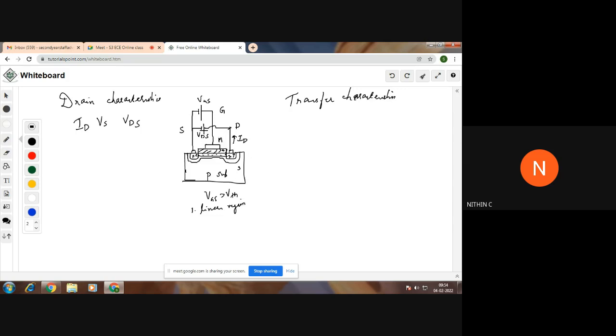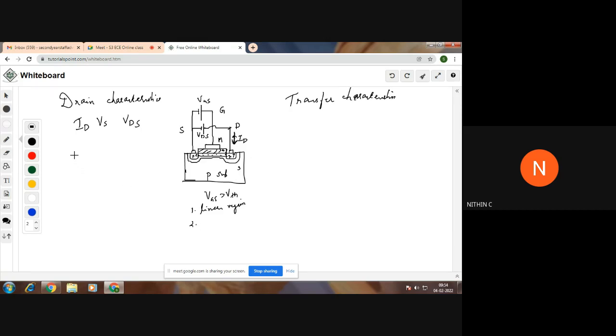VDS ഇവിടെ positive ആണ്, so electrons will move like this. Electrons will move through the channel, through the circuit like this. So there will be a current, electron flow in opposite direction. If electron flow is in this direction, current will be in the opposite direction. So there will be a flow of current when VDS is increased. So that particular region is actually called the linear region.